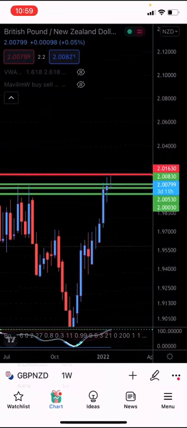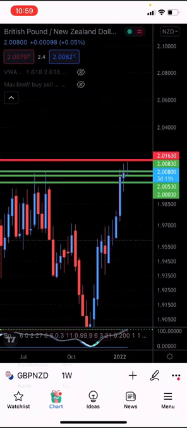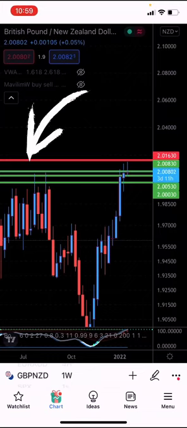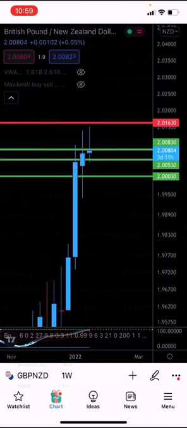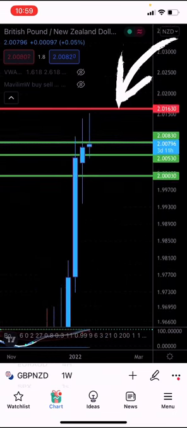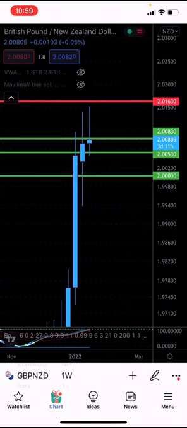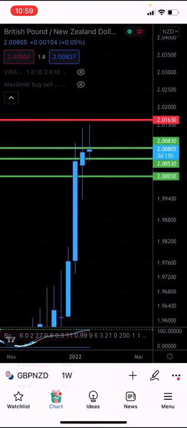So what currency usually does is like a ball, as I said, it will come back and test this zone. So we are trading the retest. Up here is our stop loss, our take profit 1, 2, and 3.